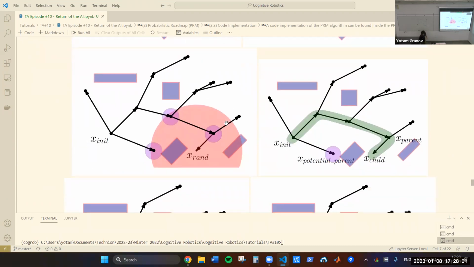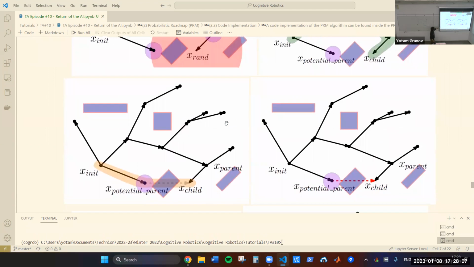The thing is, the path from x_init: if I look at a different node that exists in my RRT tree and connect that other node to this new point, it'll create a shorter path than going the whole way.